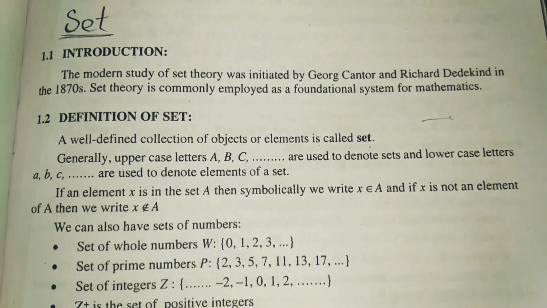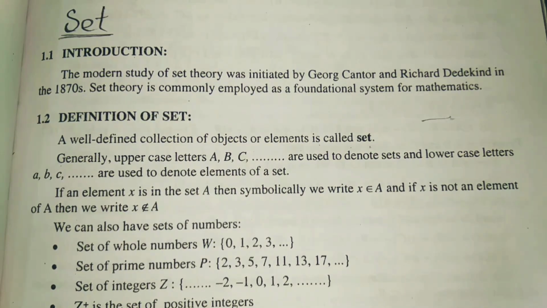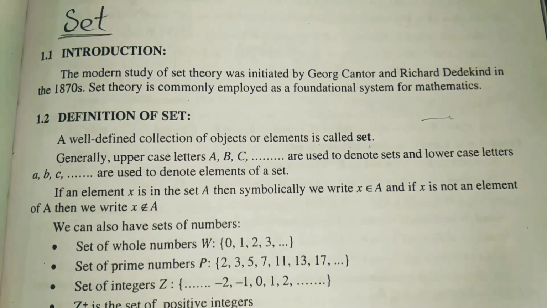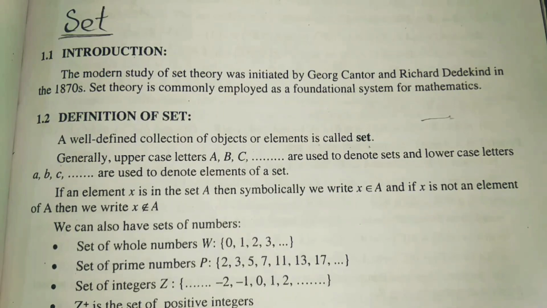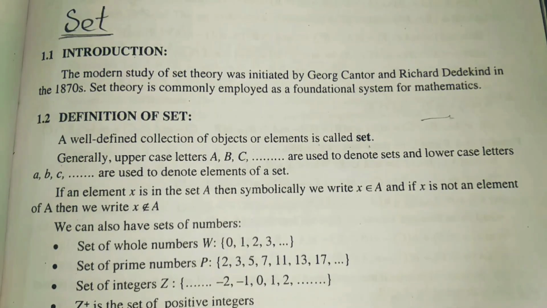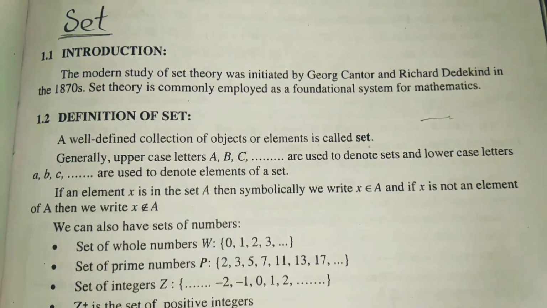And well-defined means definitely there is some relation between the members of the family so that they stay together. So a well-definition exists over there, and we can say it is a well-defined collection of objects.